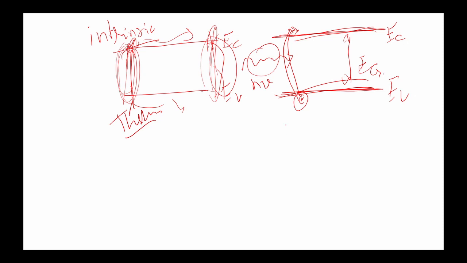So this h nu should be greater than the Eg, the band gap energy. If it is less, there is not sufficient energy for the electron to reach the conduction band.